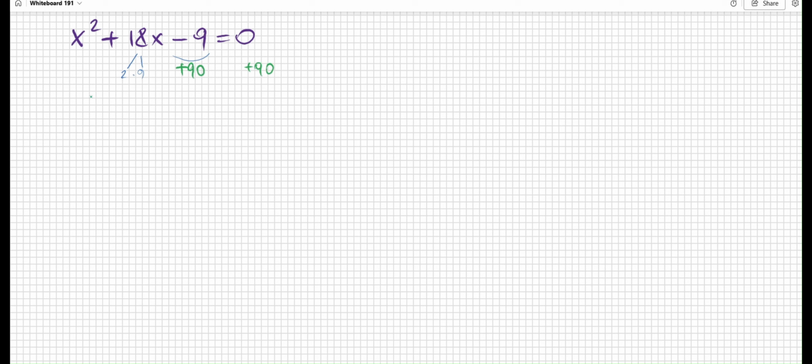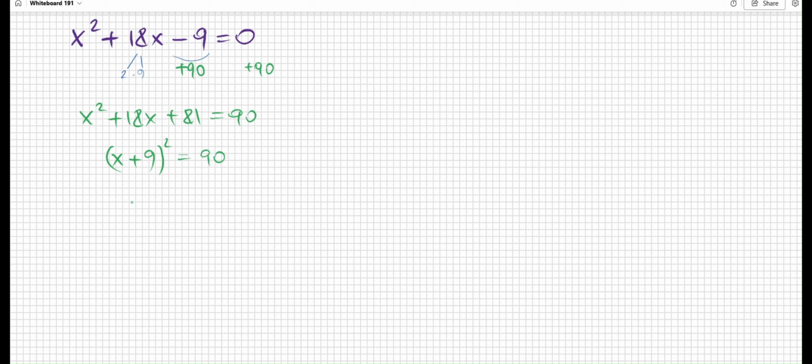Now what will happen here? Since I'm adding the same number to both sides, the equation does not change, but it will turn into this: x squared plus 18x plus 81 is equal to 90. Now, as you see, the left part turns into a square expression, which is equal to 90.